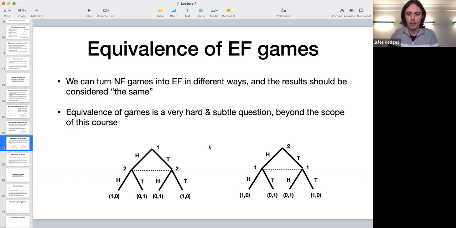Here, these are 2 different ways of turning matching pennies into extensive form. This is the one from the previous slide, and this is what would happen if player 2 moved before player 1. And there is a strong sense in which we would like to consider these to be the same game. Coming up with a precise mathematical definition that captures all of the ways in which we'd like two different games to be considered the same is extremely difficult and not really fully solved. I'm just mentioning this so you're aware of it.